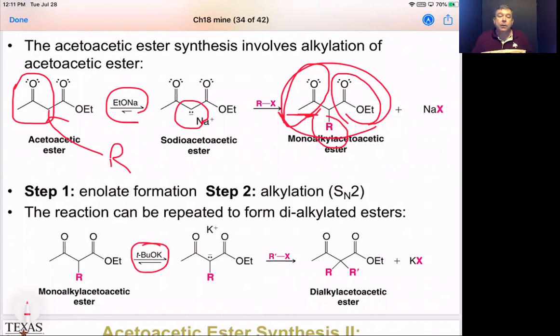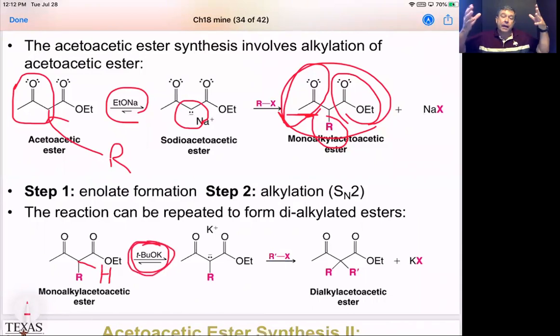Okay, so the key here is that once you have taken one of those hydrogens off and substituted, you still have one more alpha hydrogen here. If you only wanted the mono-substituted product, good, you're done. You can go ahead and go to your hydrolysis step and your decarbonylation step. But let's say you wanted a more complex system, you would then, of course, need a slightly stronger base.